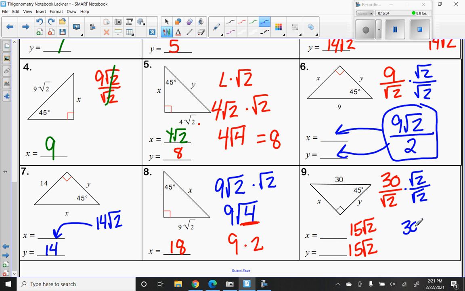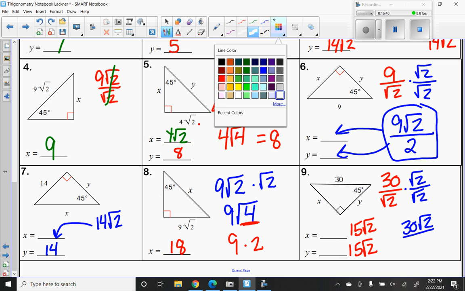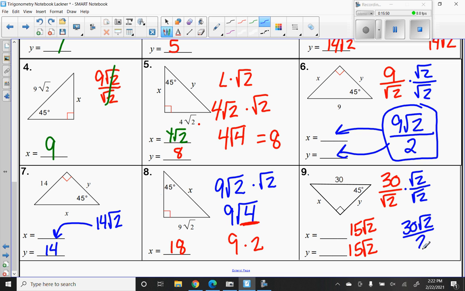I get 30 radical 2 over radical 4. This becomes 2. So really that is no longer there. The square root of 4 is 2. And 30 divided by 2 gets my 15. 15 times radical 2 is a decimal, so I do not take it any further.